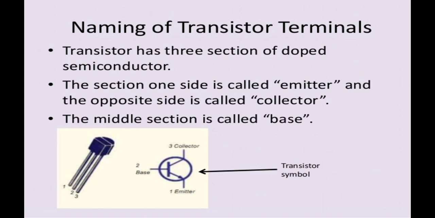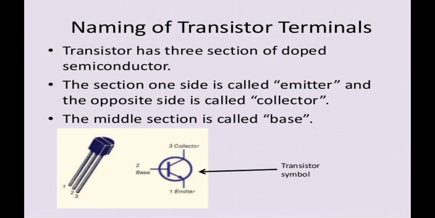The naming of the transistor terminals is here. See, the first terminal is the emitter, the middle one is the base, and the upper one is the collector. This is the symbol of an NPN transistor.